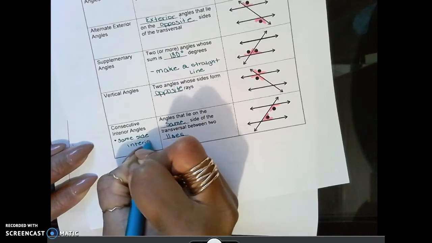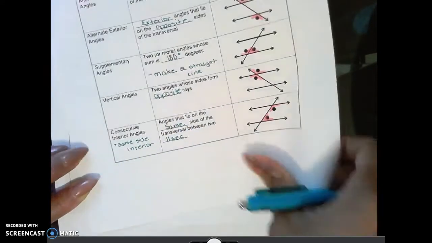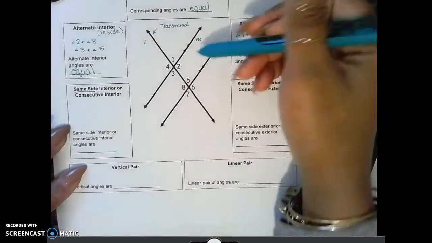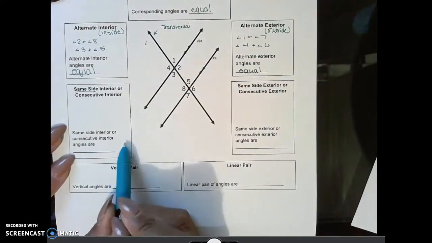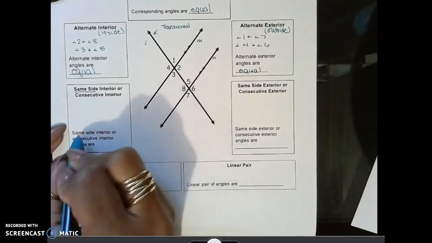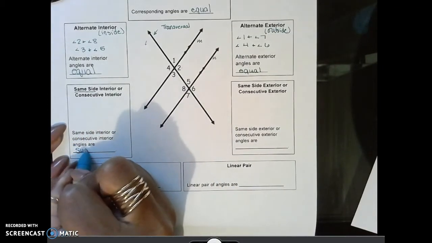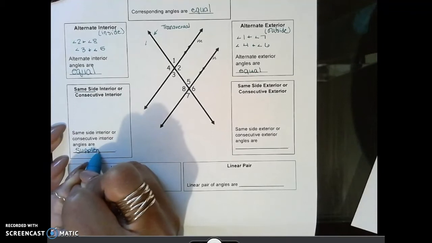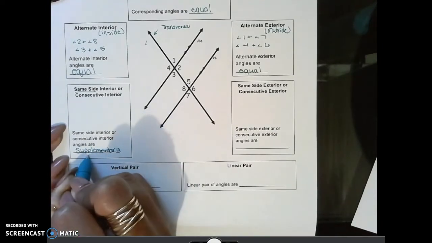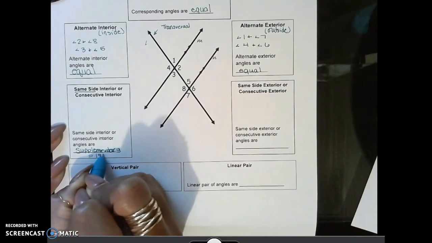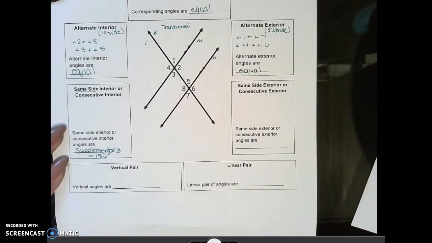And we actually wrote that in the information where it said same side. So the same side interior or consecutive angles are supplementary. And we learned a long time ago that supplementary angles equal 180 degrees. They form a straight line.